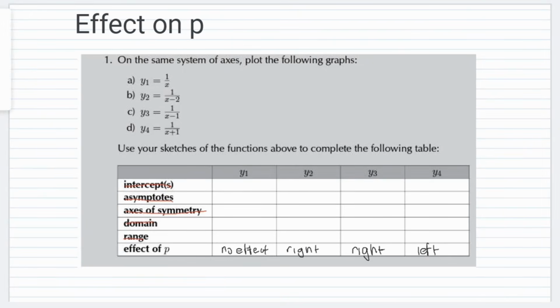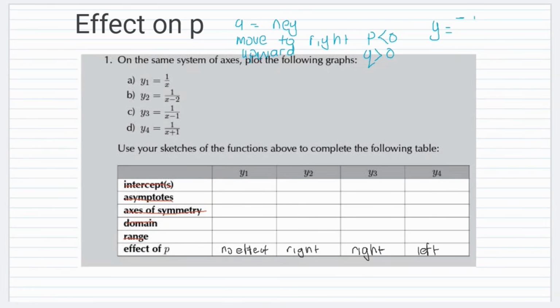Then it moves to the right, meaning P is negative, so P is less than 0. And it moves upward, meaning Q is positive.